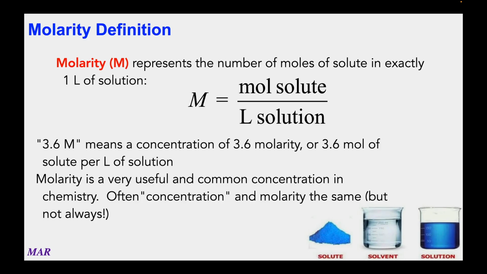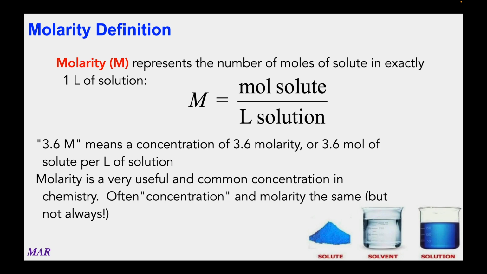So if you see a number that's like 3.6 M, and by the way, M has to be capitalized, don't use little m, that would mean 3.6 moles of whatever you're looking at, the solute, per liter of solution. And it's a really common way to describe solutions. It's so common that a lot of times people will just say concentration when it's molarity.